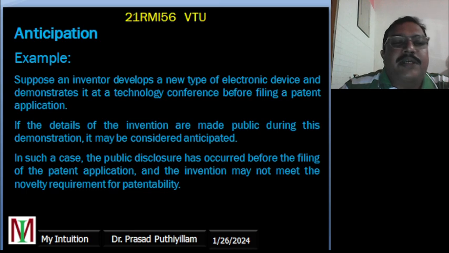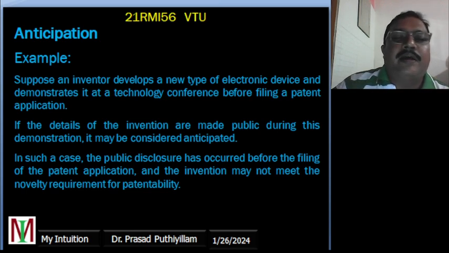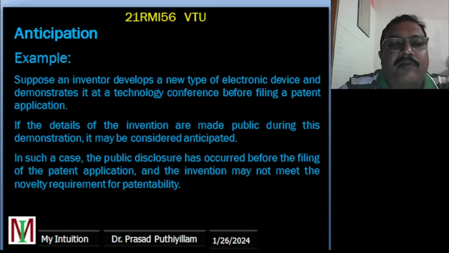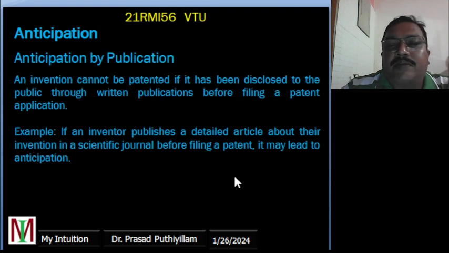In such cases, the public disclosure has occurred before the filing of the patent application, and the invention may not meet the novelty requirement for patentability. So in essence, what I want to say is that for an invention to be granted a patent, it should be something new and should be kept undisclosed in any way. Some of the ways, in detail, I have given here.